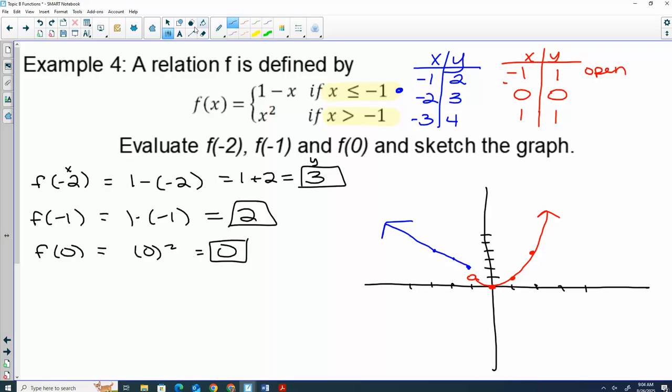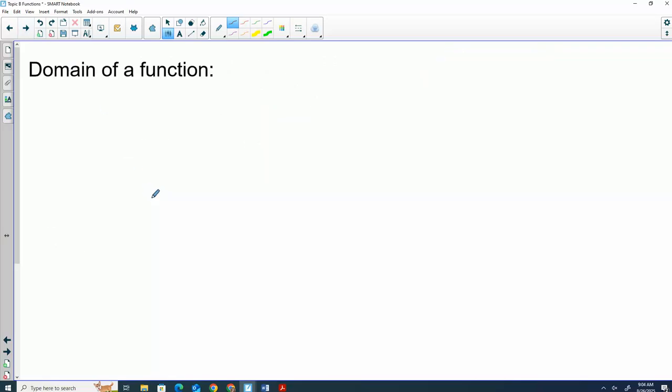The last thing that I want to talk about with functions is domain. What is domain? What's that refer to? Left to right. When you're going from left to right on the graph, it's your possible x values. What x's can we plug into this function?